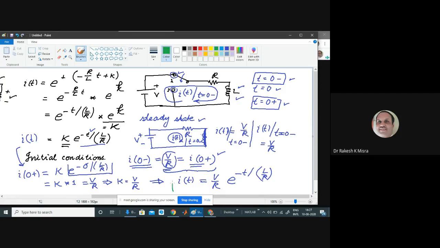So the final expression for our current is this. On the right hand side, this is the initial condition evaluation.